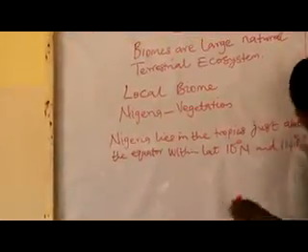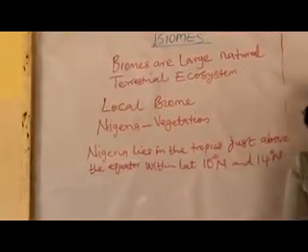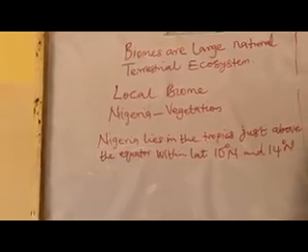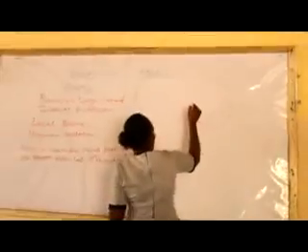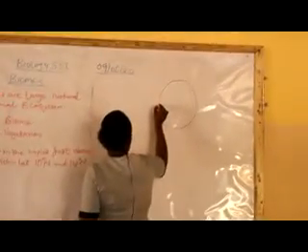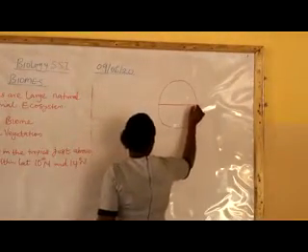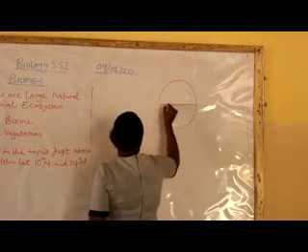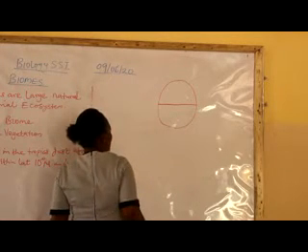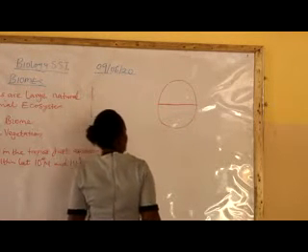The earth is a globe. Assuming this is the earth, any line that cuts the earth from the center is called the equator. And we'll talk about the lines of latitude.